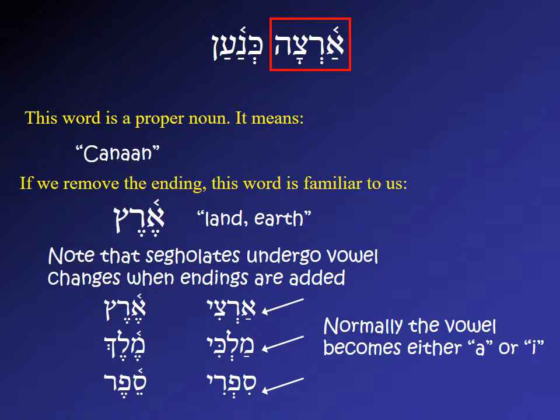Now, if you're interested, we talked briefly in class about why this happens. So the reason that we have an A-class vowel, so melech becomes malki, is because in the precedent language to Hebrew, which we just call Proto-Semitic, nouns had case endings.